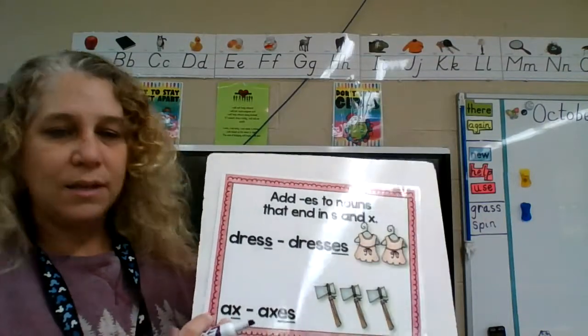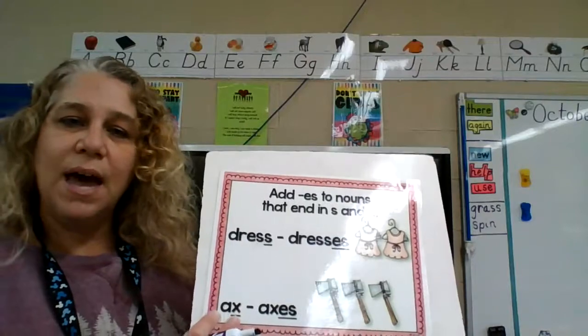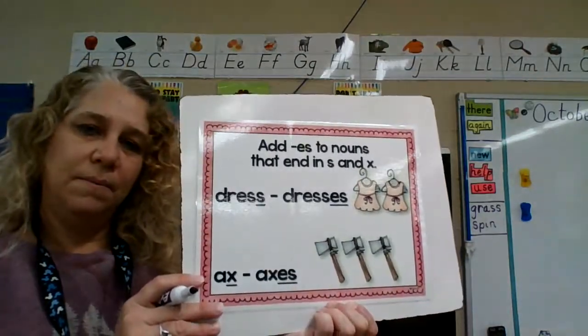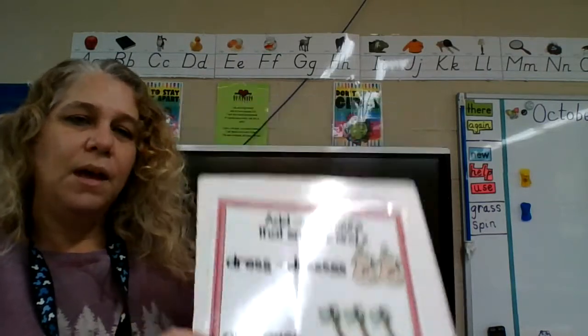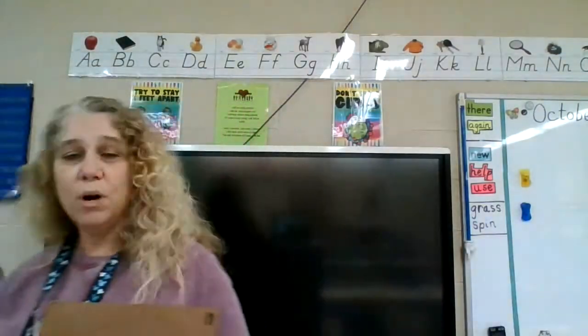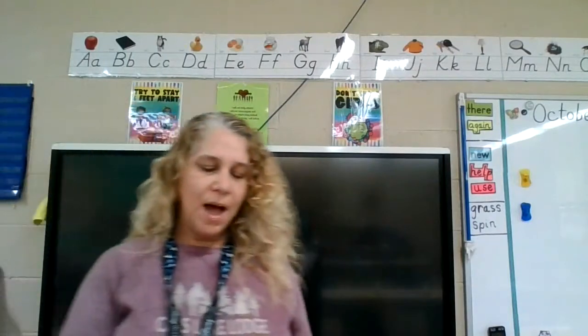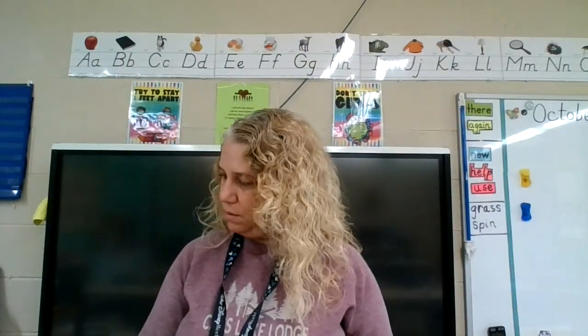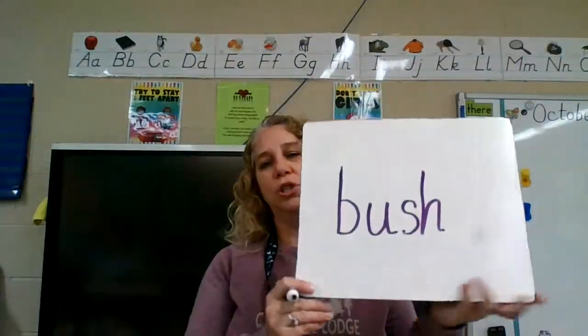And then X, and X ends with that X. So you have to put ES, Xes. And there are a couple other words that this works with. If I have a word, let's write, I guess we could do bush. There's a bush in front of my house that I have to trim. So, bush.